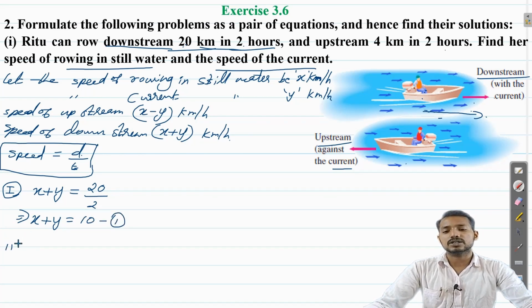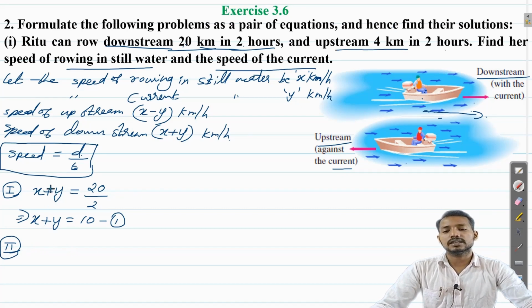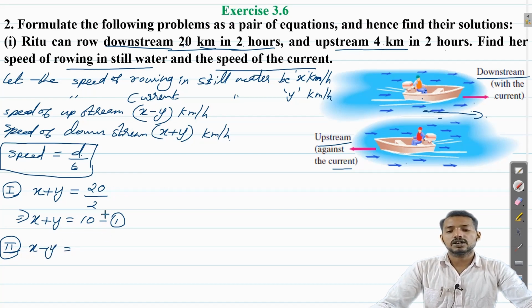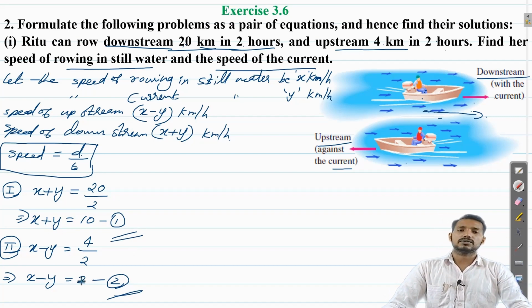Now come to the second situation, that is upstream 4 km. Speed in the upstream is x minus y, we have discussed now. That is equal to the distance 4 km divided by the time taken, 2 hours. So that implies x minus y is equal to 2, equation number 2. These are two simple linear equations. You can solve it by yourself.